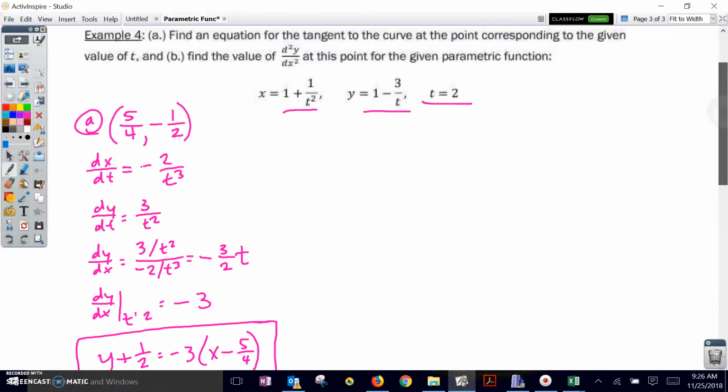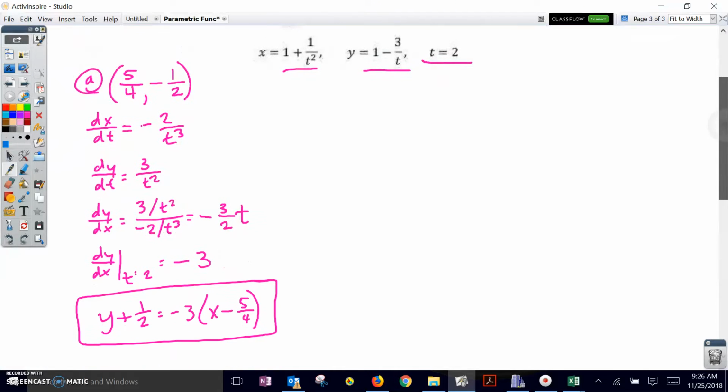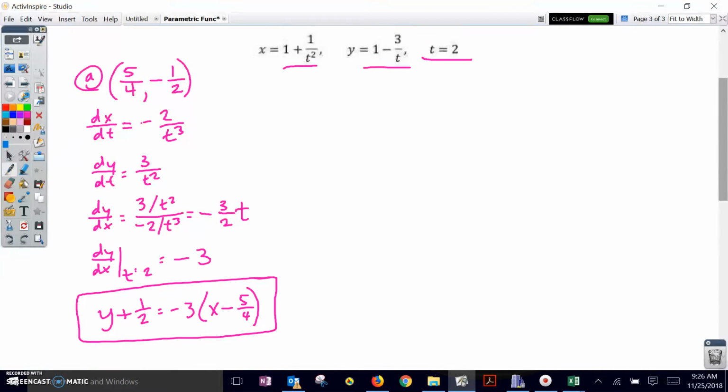Next, part B, I need to find the value of the second derivative, d squared y/dx squared. So I'm going to take the derivative with respect to t of dy/dx, and I'm going to divide that by dx/dt.